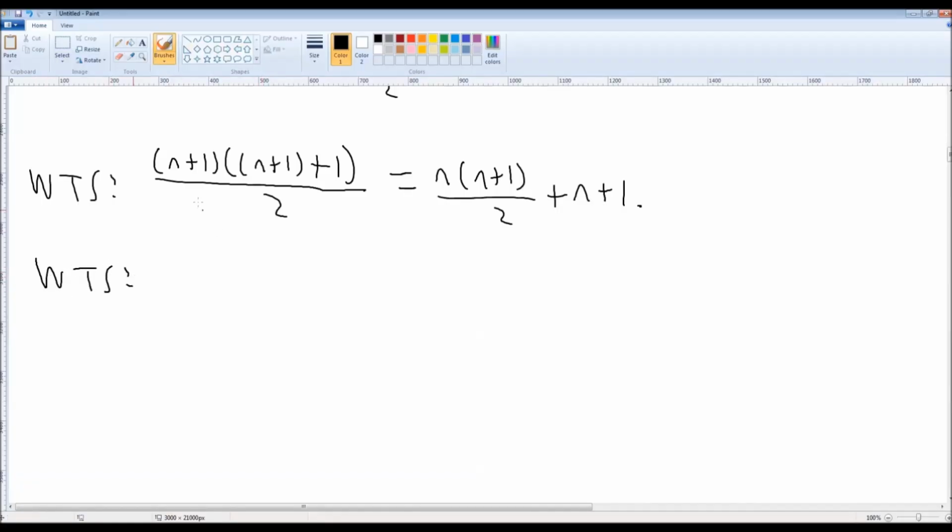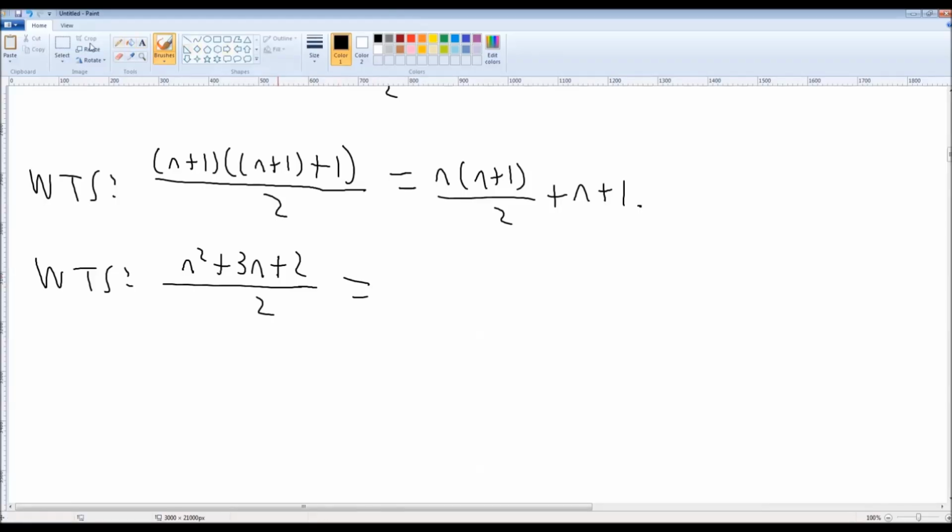So the left side becomes n plus 1 times n plus 2 all over 2. And then if we FOIL that, we get n squared plus n plus 2n, so plus 3n in all, plus 2. So the numerator here becomes n squared plus 3n plus 2. Okay.